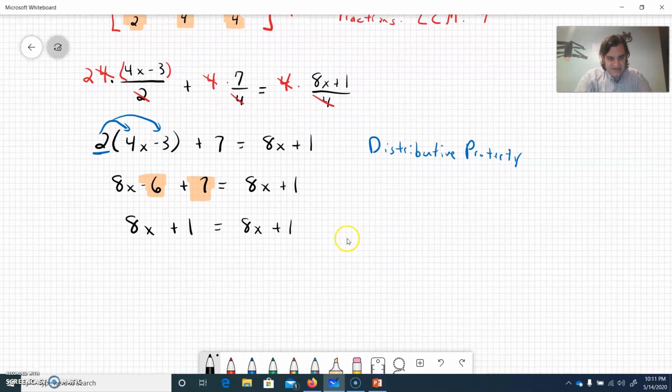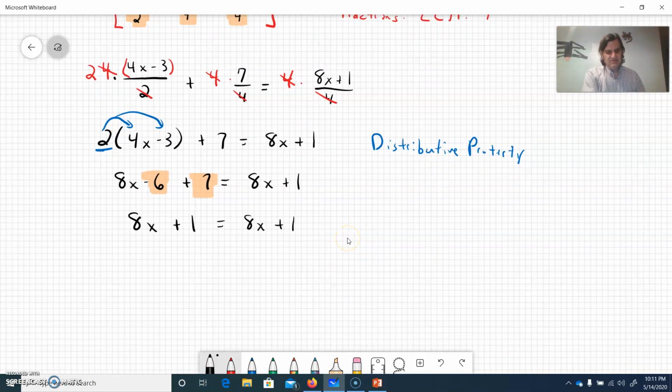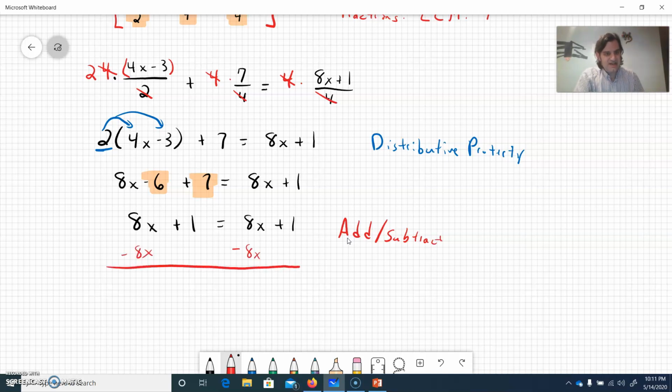Aha! So now we can start trying to collect our terms, adding or subtracting on both sides. You could do this in one step or two, but we definitely want to get our x's together. So we might say subtract 8x on both sides, and they go away.